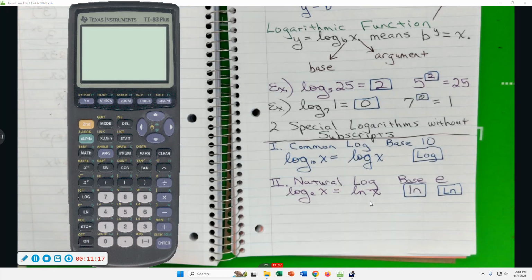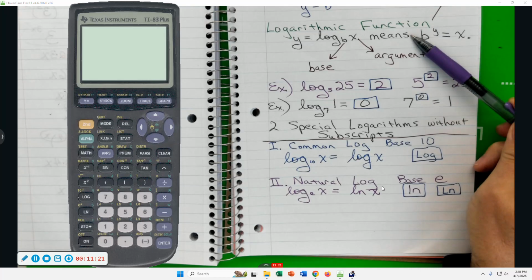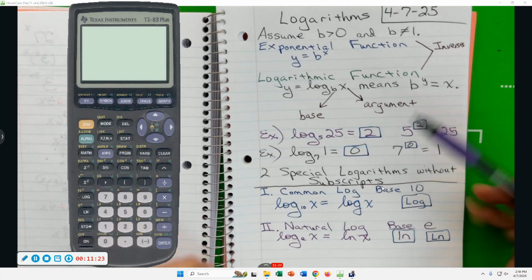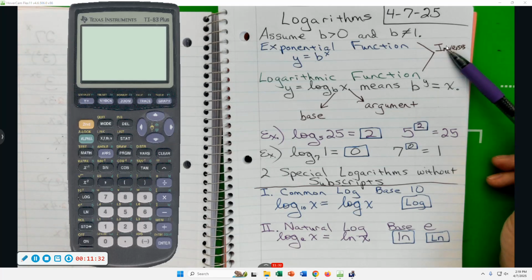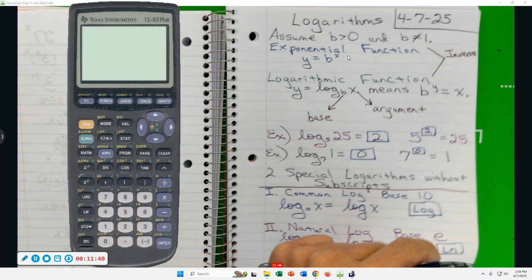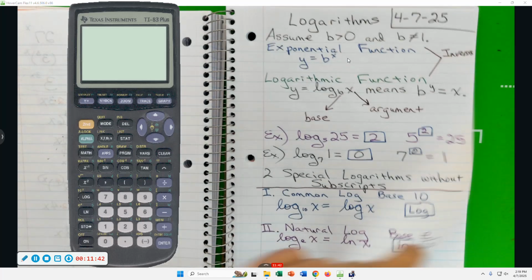Okay. Now we said that exponential and logarithmic functions are inverses. Now remember we said that if you perform inverse functions consecutively, one after the other, you'll end up where you started, or they'll cancel each other out. I think we were saying that.